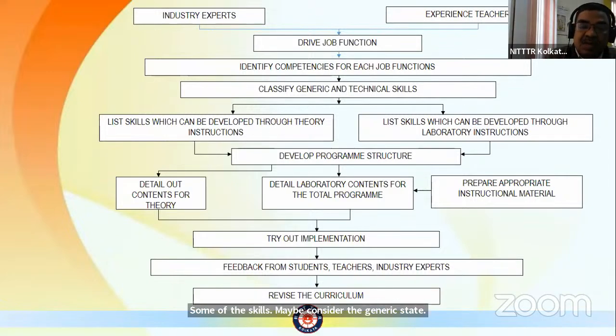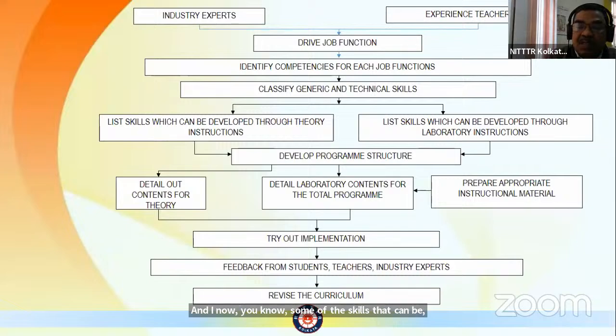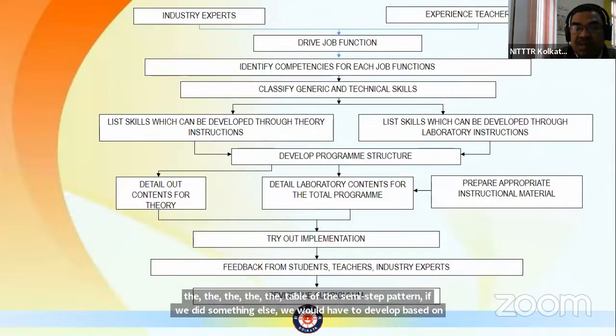Now, after that, you'll have to identify the skills that can be developed through theoretical study or instruction, and some of the skills that can be developed through laboratory instruction. These are the things that you'll have to identify, and after that, you develop the program structure. This program structure means that if it is a semester pattern, you'll have to develop the semester pattern. If it is something else, you'll have to develop based on that particular requirement.